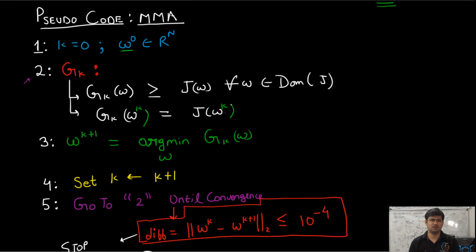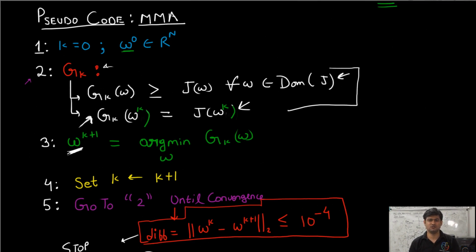That replacement should satisfy the two conditions, and then the minimizer of this function gk is set to be the new estimate of the parameters w, and then we repeat this process until convergence. So by minimizing a sequence of loss functions gk, we actually obtain a solution for the original optimization problem. So that's it for the majorization minimization algorithm.